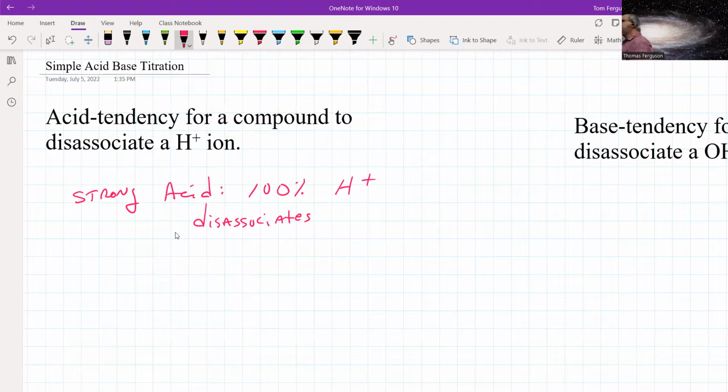That's where 100% of the hydrogen ion comes off. Some people refer to H plus as a proton because the hydrogen atom has one electron and one proton. So when the electron's gone, the only thing left is the proton. So a lot of books, a lot of people will say this is a proton dissociating, and it is.